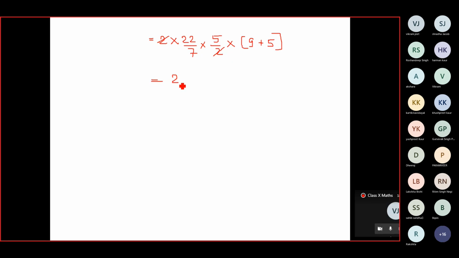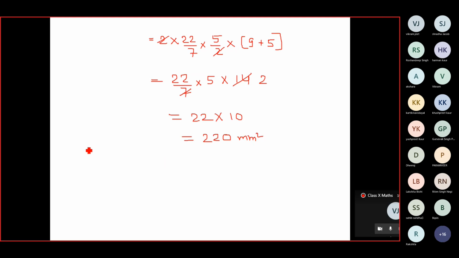So 22 by 7 into 5 into 14. 7 twos are 14. So 22 into 5 twos are 10. How much will it become? 220 millimeter square.